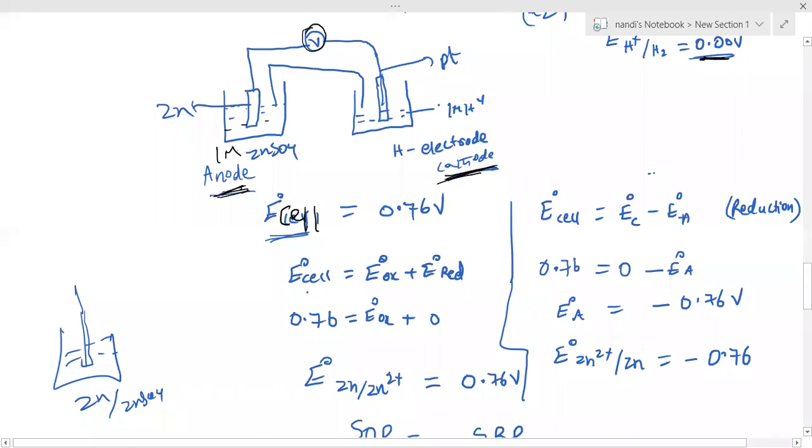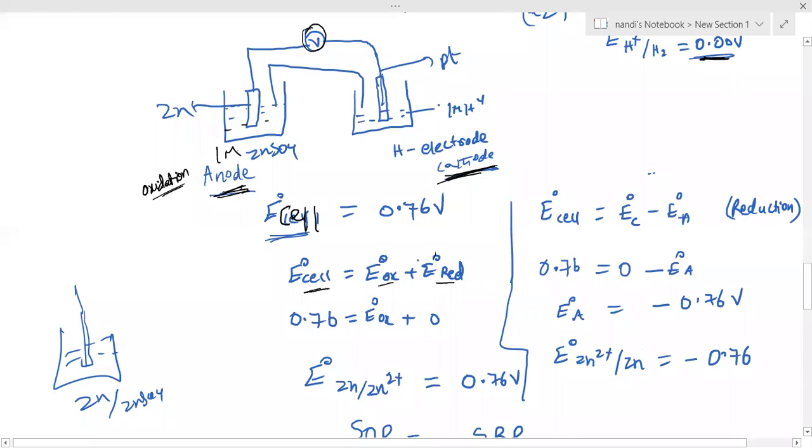I know the E naught cell formula: E naught oxidation plus E naught reduction. Which is oxidation here? Zinc is oxidation. At the anode, oxidation or reduction? At the anode generally oxidation; at the cathode reduction occurs.